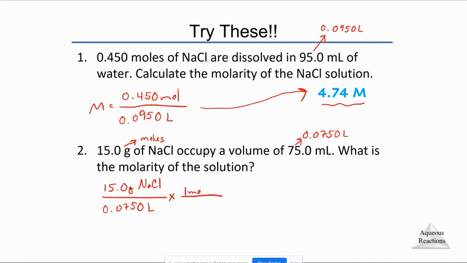I know that I have 1 mole of NaCl for every approximately 58.44 grams of NaCl. So instead of doing this in 2 separate steps, I just combine them together. The main point is that grams cancels, and I'm left with the units I'm looking for, molarity. Hopefully you got around 3.42 molarity for the concentration of this solution.